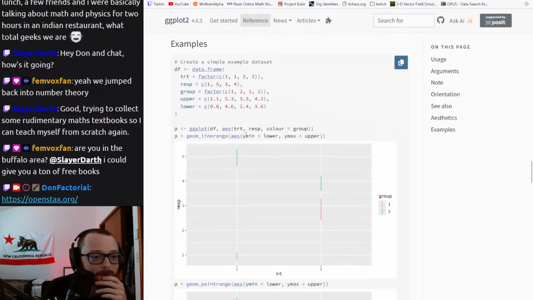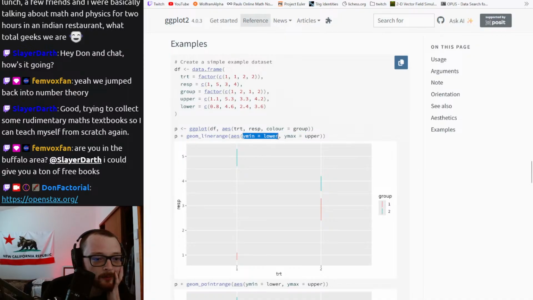Wyman equals lower. Yeah, I really don't understand what it means. Why does this produce this? I have no clue. TRT, resp. Can we find a relationship?